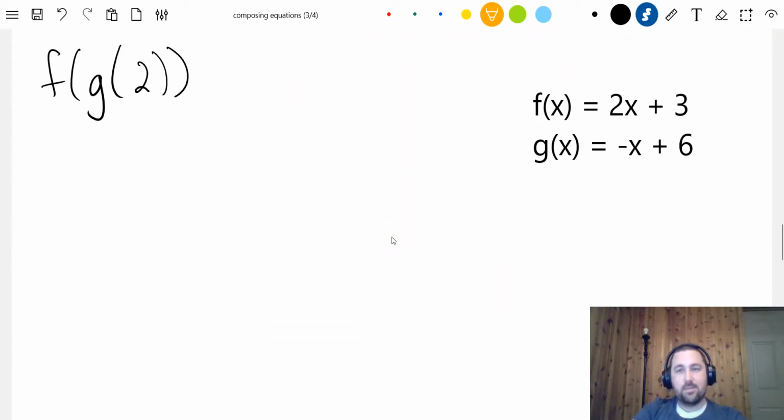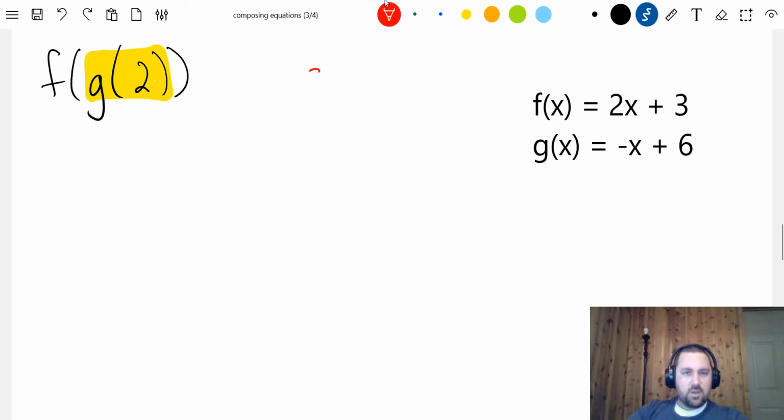Here we go, here's our example. We're asked to find f of g of 2, and we know that f of x is 2x plus 3, and g of x is negative x plus 6. So how do we find this g of 2? Well, this tells me that the input is 2 for the g function.